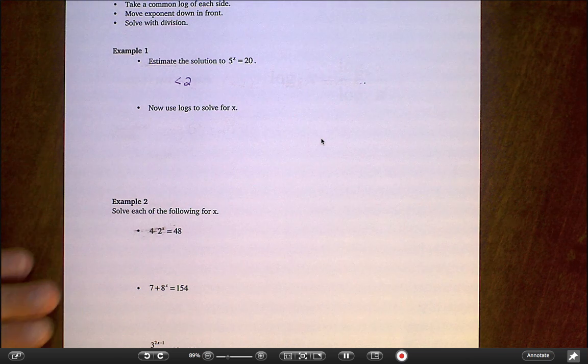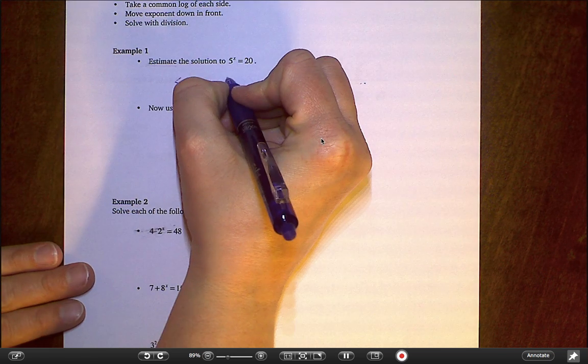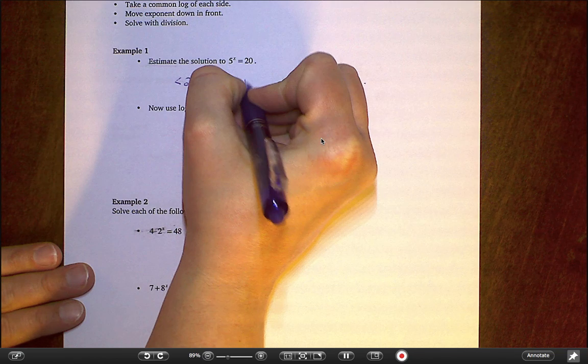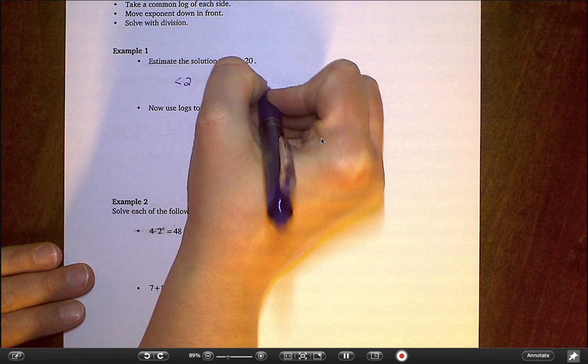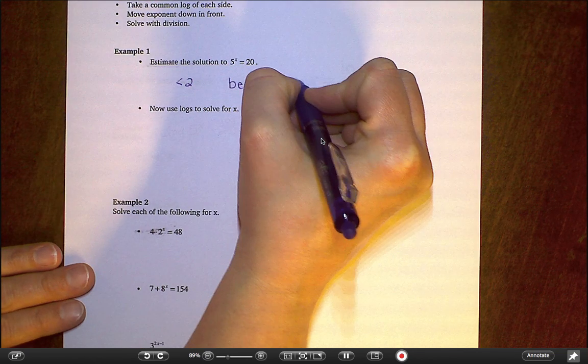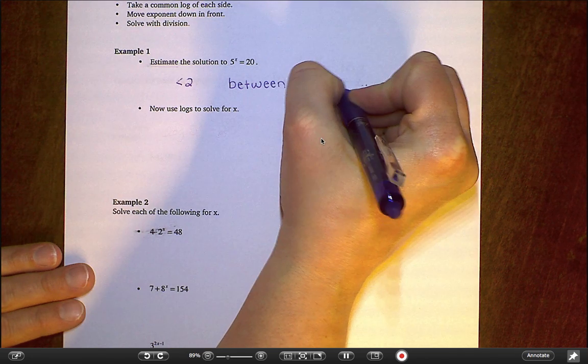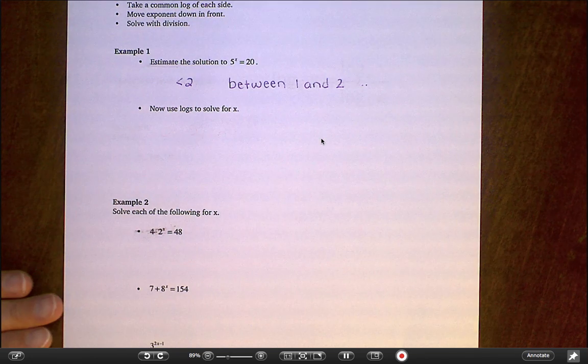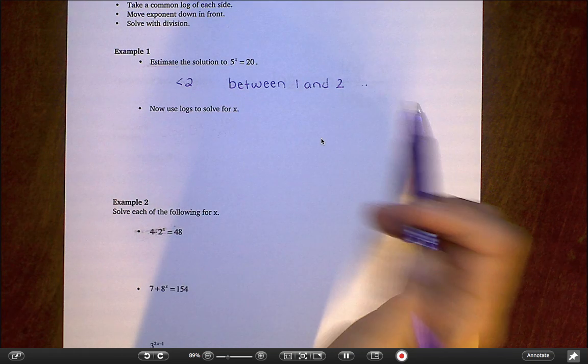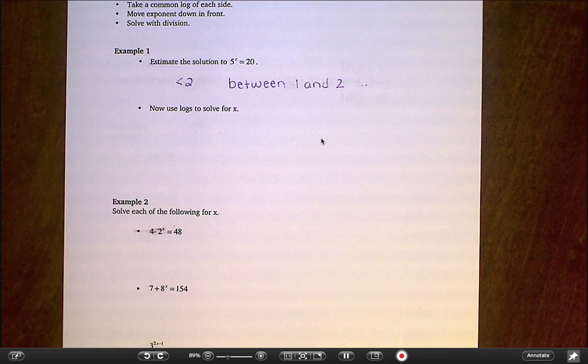Probably a more accurate way to write it would be to say it's somewhere between 1 and 2. I'd be okay with either one of those answers, though. So somewhere between 1 and 2. So we're talking like 1 point something, something awfully close to 2.